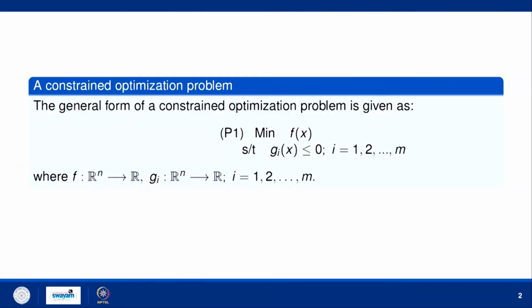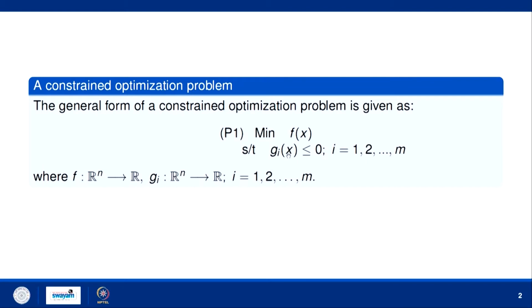So, this problem P1 here is called a constraint optimization problem. Now, there are different types of constraint optimization problems. This problem P1, depending on the choice of the function f and depending on the choice of g_i's, may be classified in different categories. First of all, the simplest one is the linear programming problem, which we have already studied in our previous classes. What is a linear programming problem?